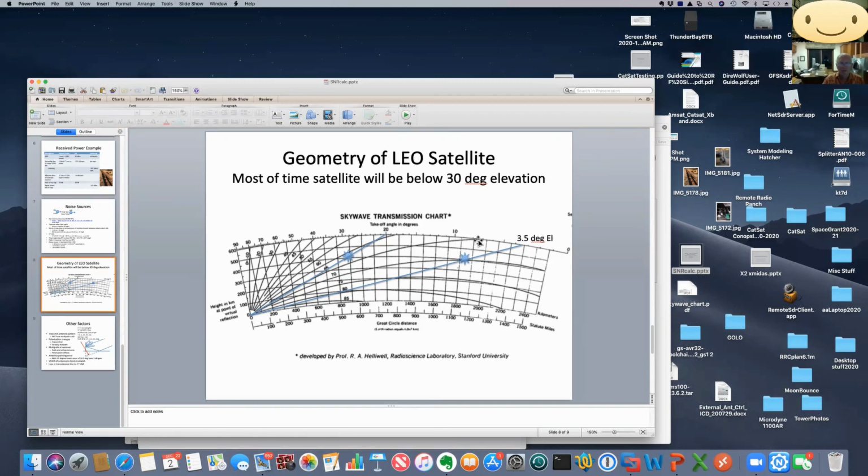Because as you get lower, things get, in this case, obscured by the horizon, or in other cases, obscured by a mountain or a building or something. So it's strictly a geometry effect for a pass. How long do you have a pass that's above, let's just pick a number, 6 degrees?